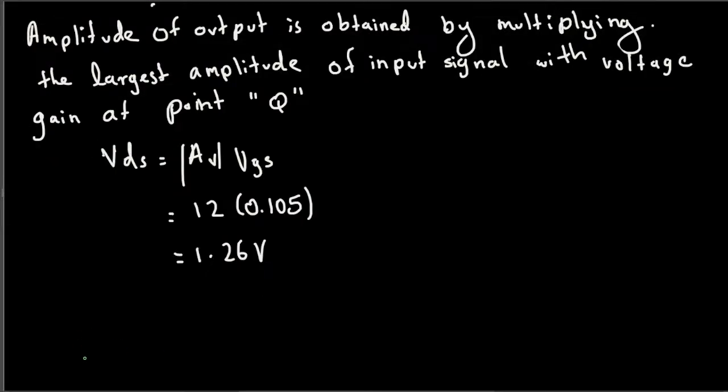Okay, so the amplitude value that's going to imply VDS max is basically VDS from the previous one.